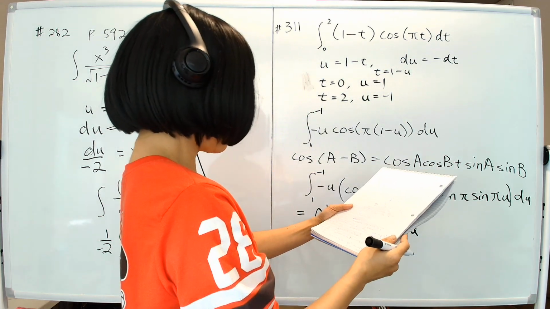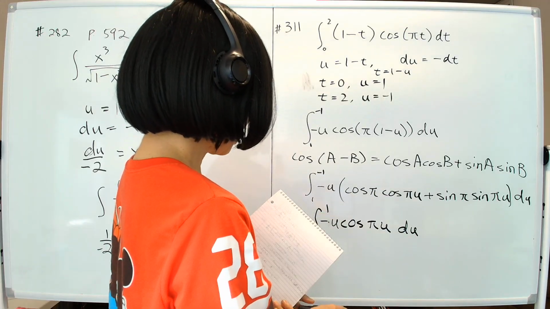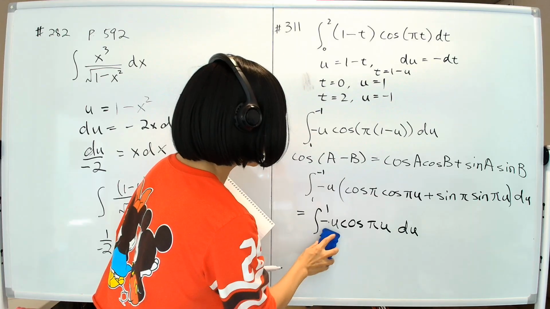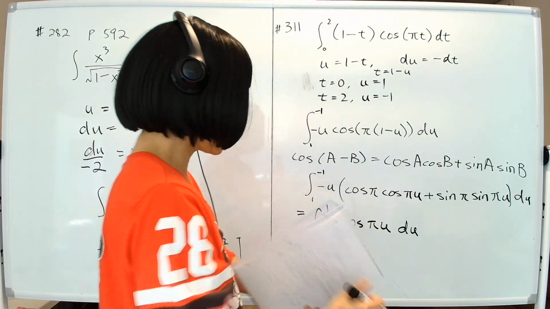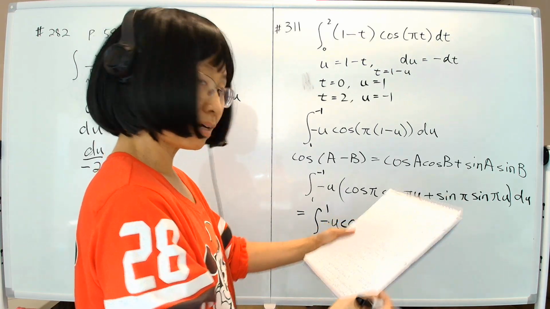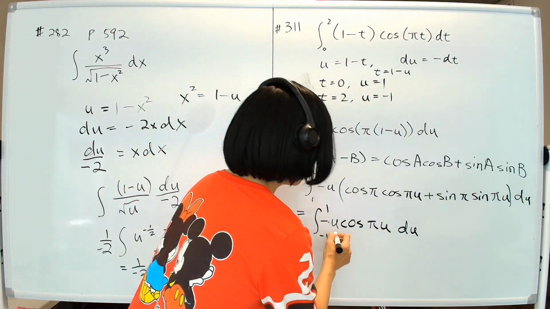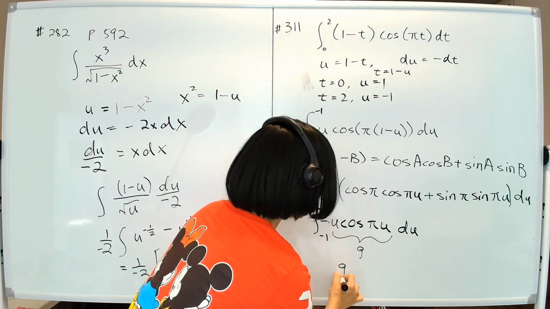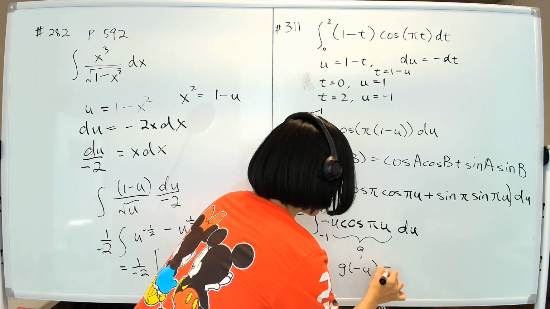Now the point, however, is that this particular function happens to be an odd function. That is, if we call this function g, then g of minus u equals minus g of u.